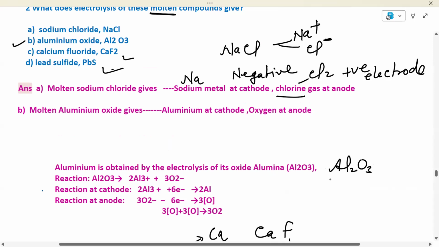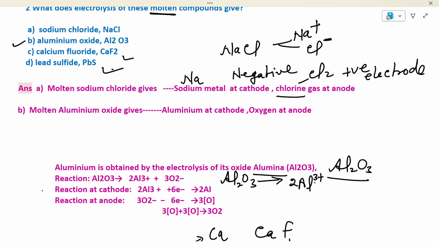Alumina is the ore of aluminium, and we can get aluminium from it. The overall reaction is written here: Al2O3 gives 2 moles of aluminium ion, right? The charge is 3 plus, a cation, because the valency of aluminium is 3.